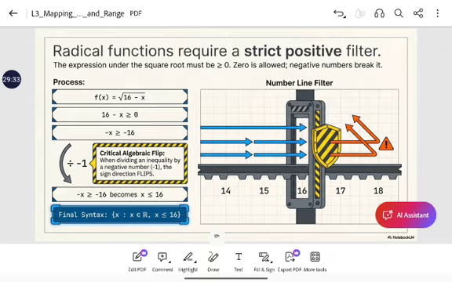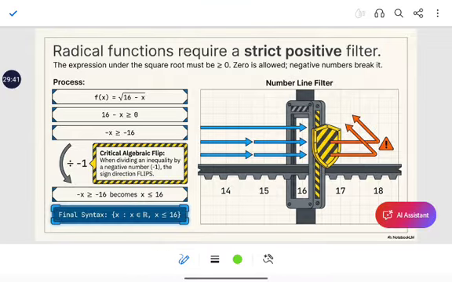All right. Good. So we move on to the radical functions. We said that for a radical function, the expression under the root sign, I have given you the name.